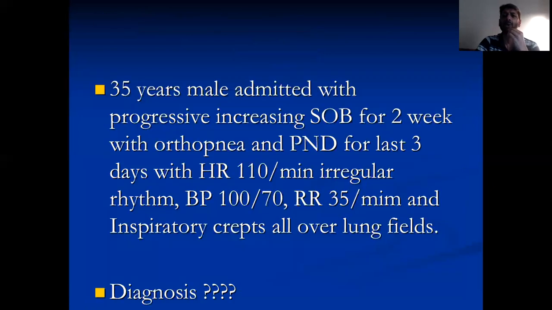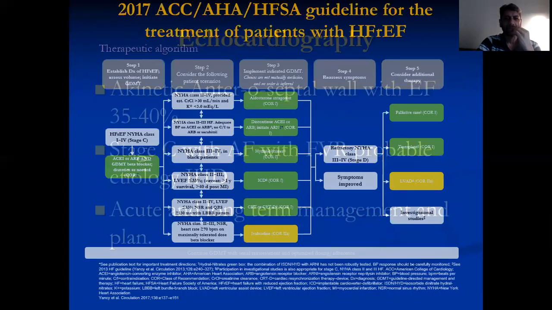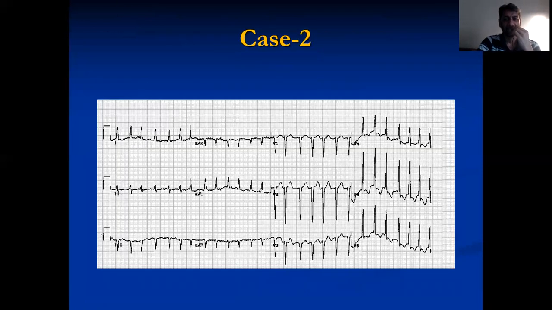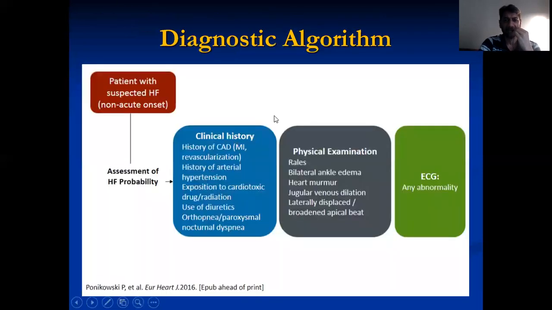Now let's come to our patients, which we will be covering in this scenario. Nowadays, after your physical assessment and ECG, you have to do beta natriuretic peptide or NT-proBNP.